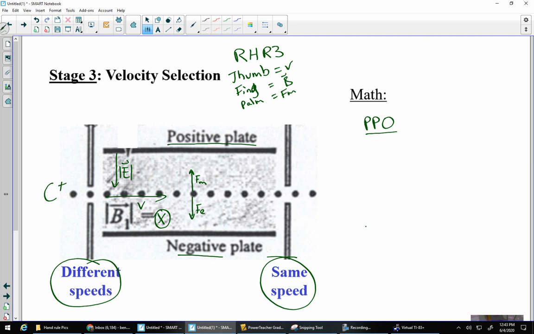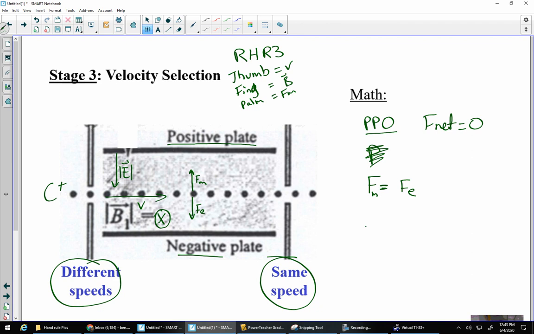There we go. So physics principle 0, let's see. We've got our F net is equal to 0, which means that our magnetic force must be equal but opposite to our electric force. I'm going to leave out the negative for the opposite sign. We'll only deal with magnitudes here.